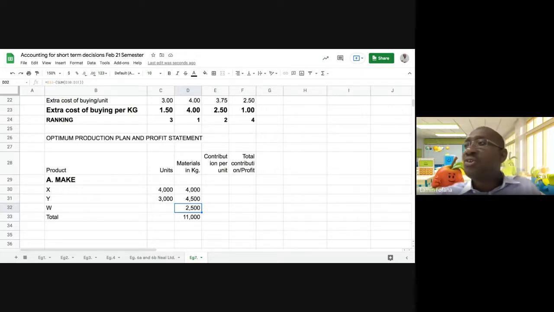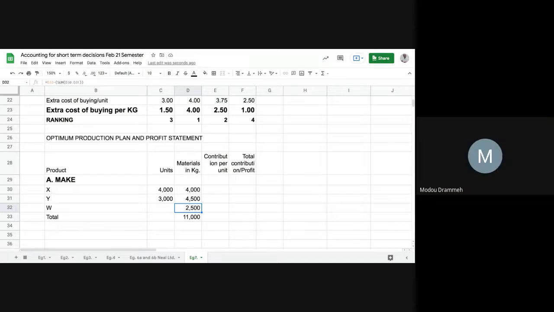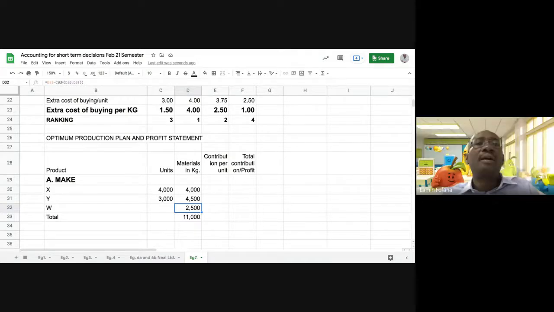Okay, so far so good? Okay, does it make sense, class? Happy? Yes. Okay, excellent. So we have 2,500 kg remaining.